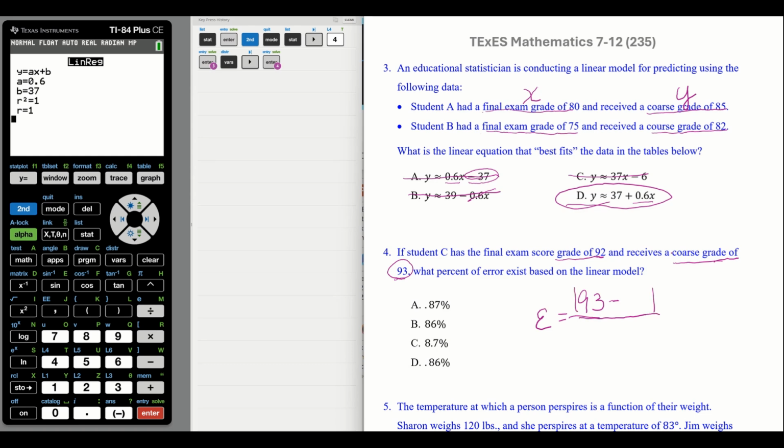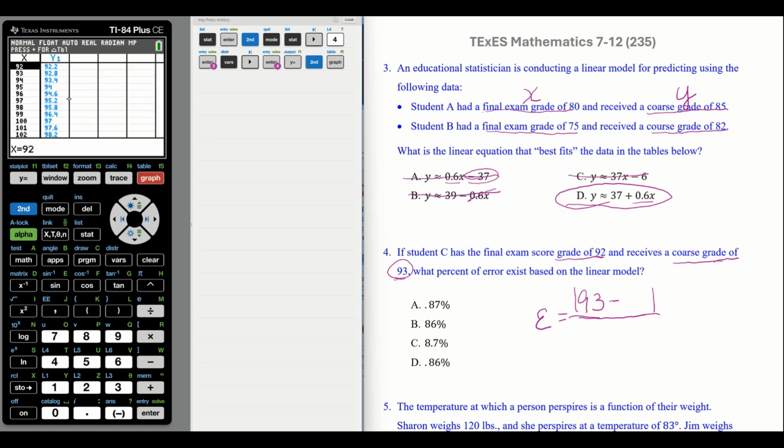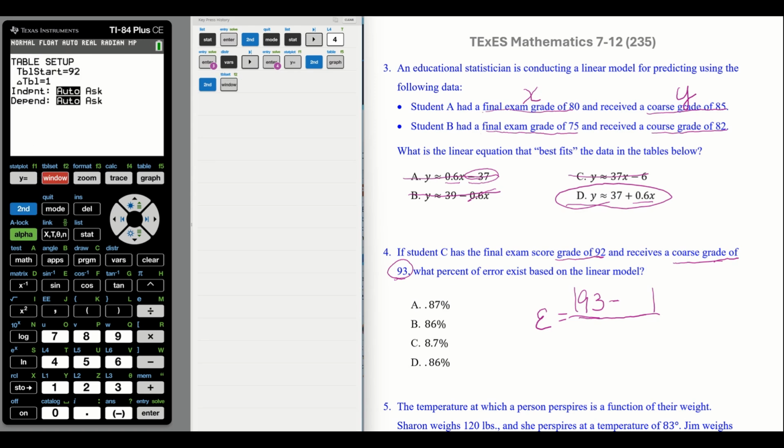All right, we need to see what our model gives us. So we go to y equals, make sure it's in there. It's in there. Second graph. I already have my 92, but yours may be on 1. How do you get it off of that? You go to second window. See where I typed in 92?